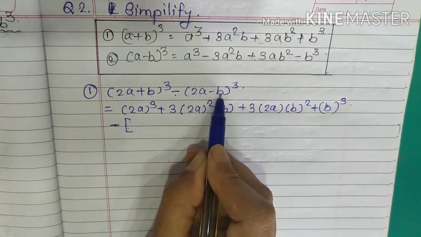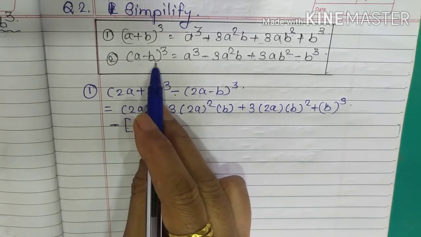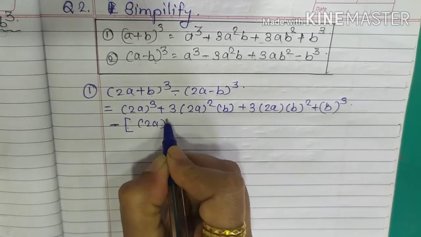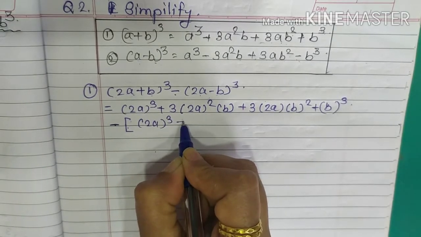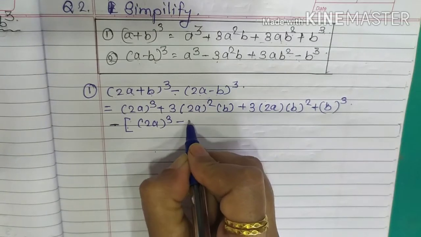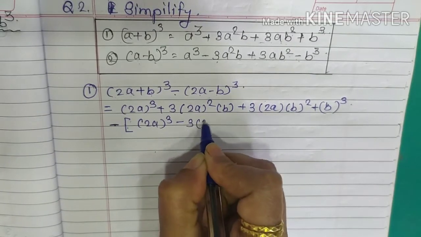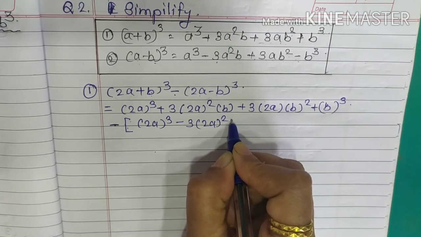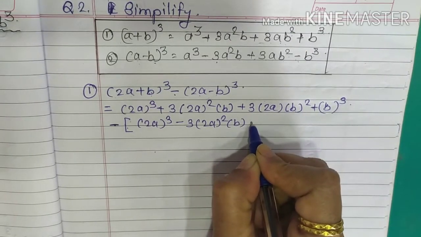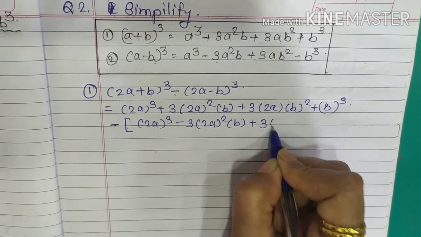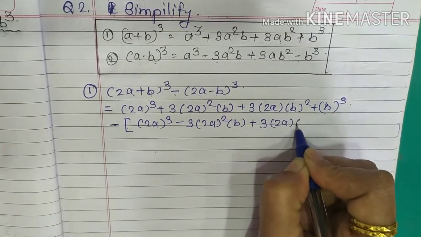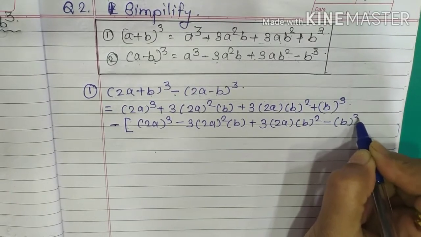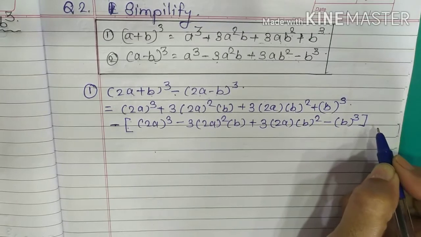By this expansion we use the second formula: first term cube, that is (2a) cube, minus, here is minus sign, 3 into (2a) square into b, plus 3 into 2a into b square, minus b cube, square bracket complete.